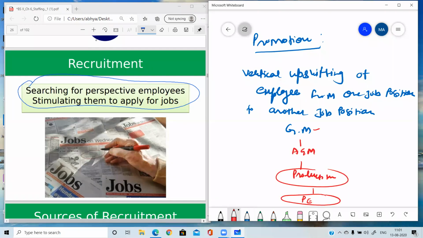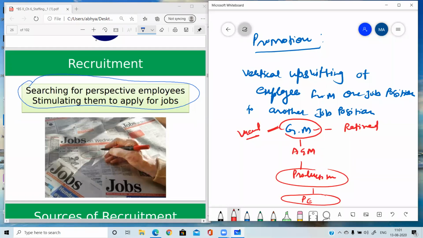Suppose this person has retired, so this job position is vacant. Now the organization has two options: either they can appoint a new person at this position, or they can promote an existing employee to this position.